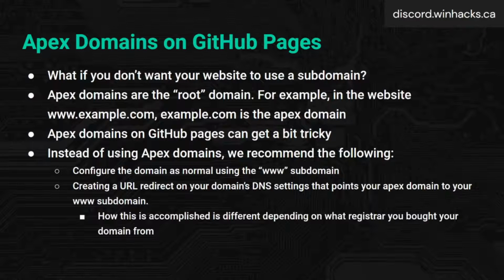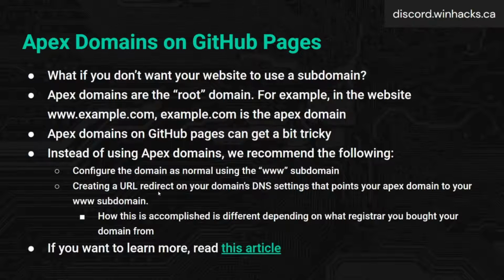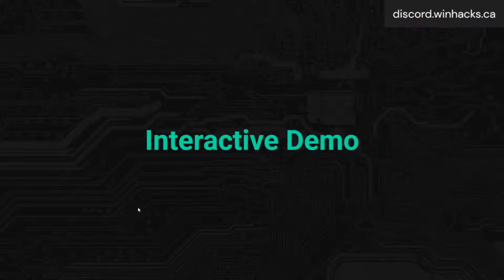And I'll briefly show that later too. How you actually go about doing this may be different depending on if you got your domain from Namecheap or from somewhere else. And there's an article posted in these slides that will go through it.